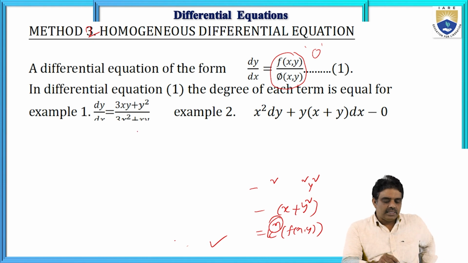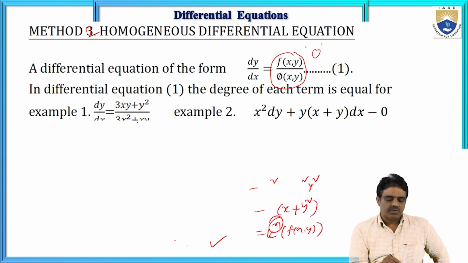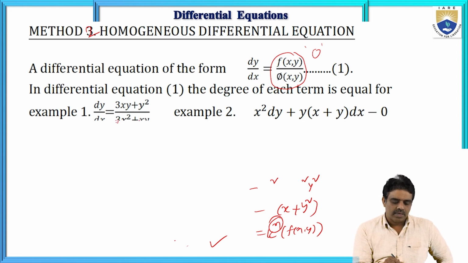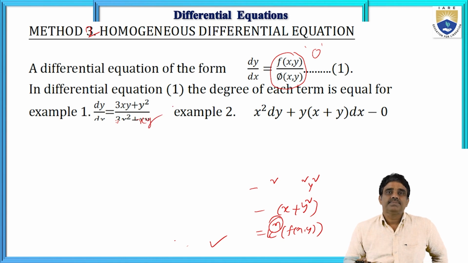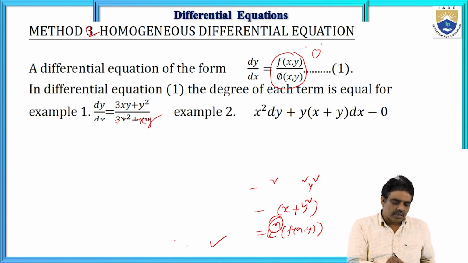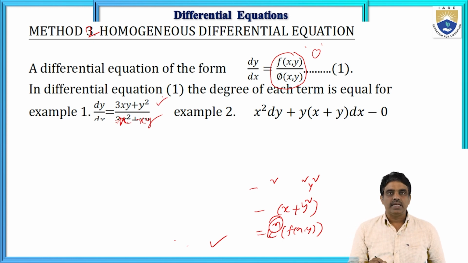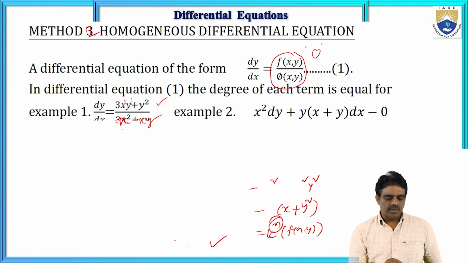dy by dx is equal to (3xy plus y square) by (3x square plus xy). So this is x square. What is the degree? In the numerator it is degree 2: x power 1, y power 1 is degree 2, plus y square, a second degree term. In the denominator also it is a second degree term. So the numerator is second degree and the denominator is also second degree.